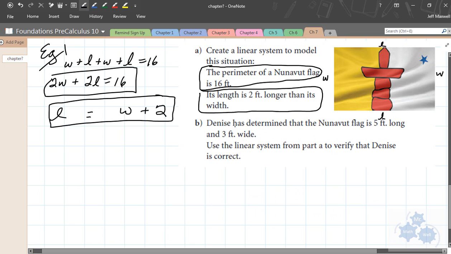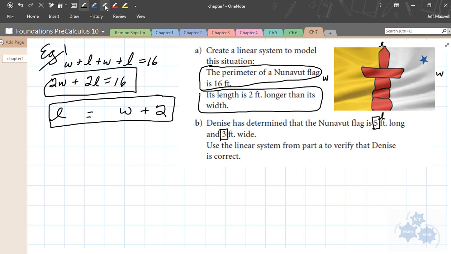All right, so what does B say then? Denise has determined that the Nunavut flag is 5 feet long and 3 feet wide. Use the linear system from part A to verify that Denise is correct. So if we are verifying that this is correct, this means that if we plug these numbers into both equations, they should be true. All right, so 5 feet long.